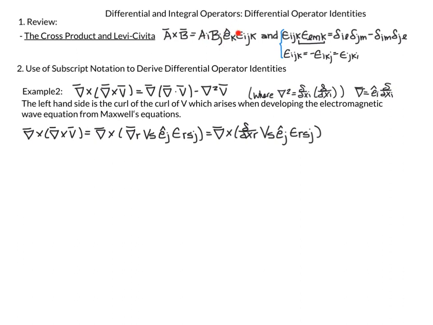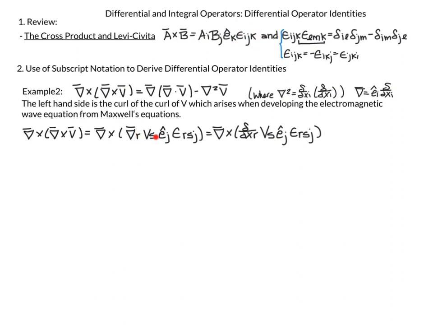Then I need another, my directional component, and I'm going to take the jth component, and then I have the Levi-Civita with r, s, and j. So this comes directly from this definition of the cross product. I just used different indices. Instead of i I used r, instead of j I used s, instead of k I used j. And then you can see the Levi-Civita is i, j, k here.